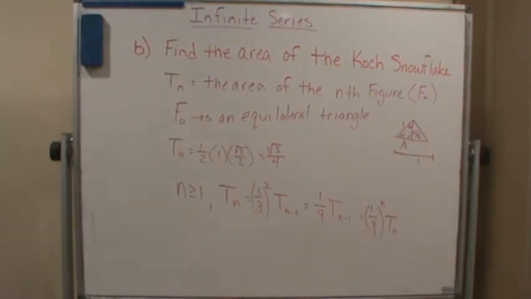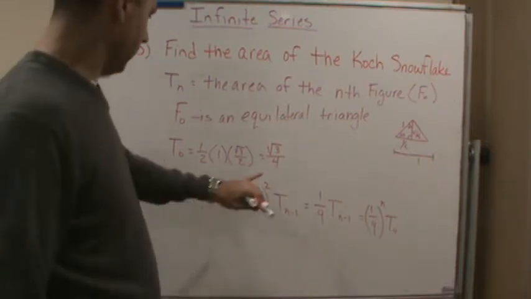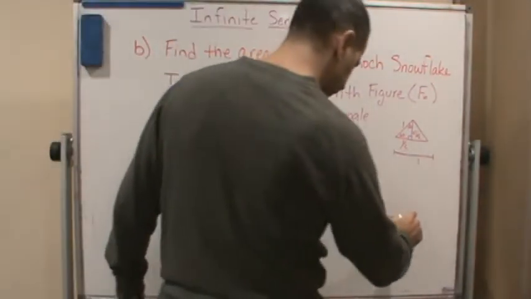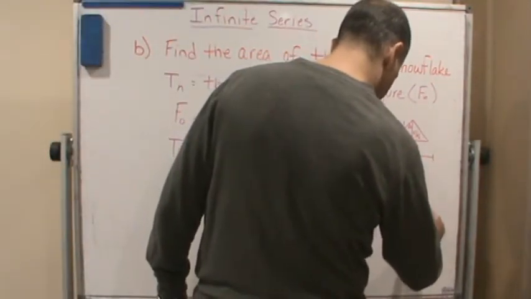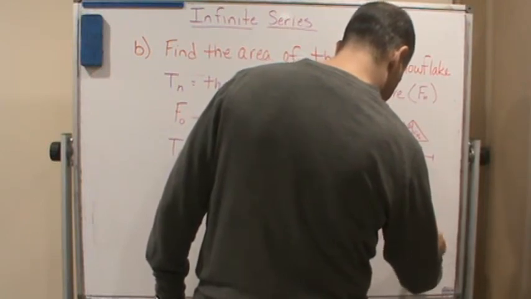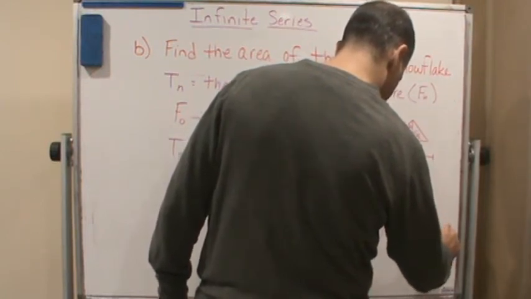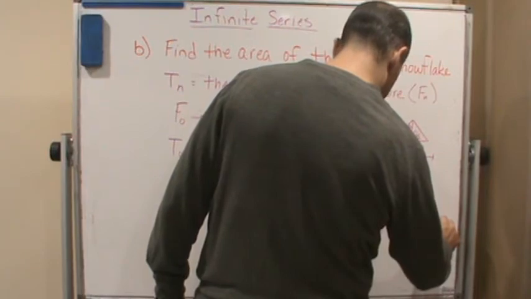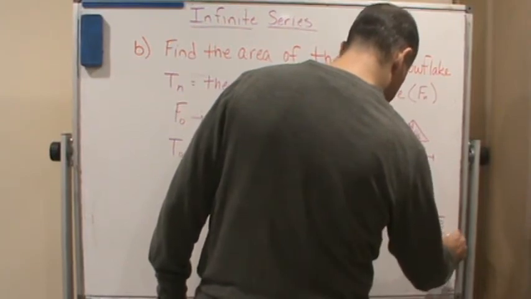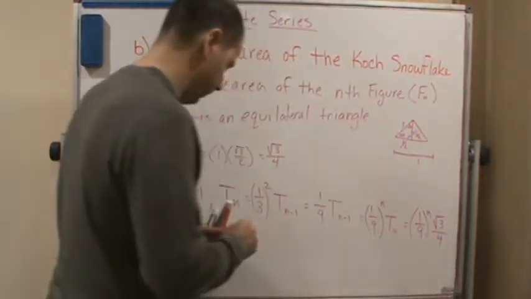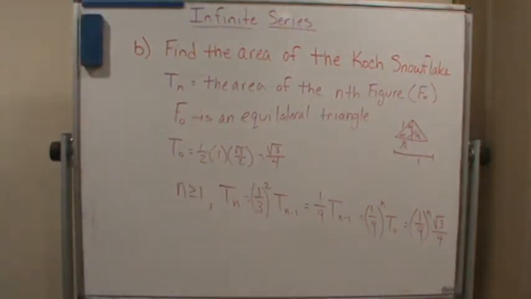Which again, t sub 0 is square root of 3 over 4. So this is going to end up being 1/9 to the nth power times the square root of 3 over 4 is going to be our area of the nth figure, f sub n.